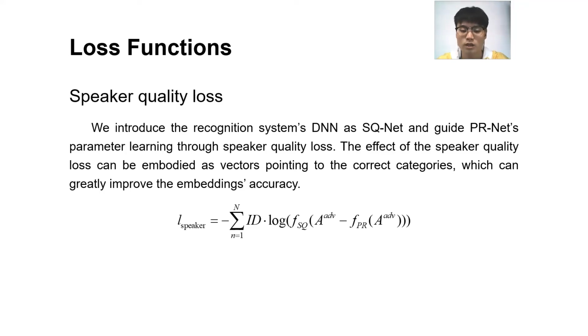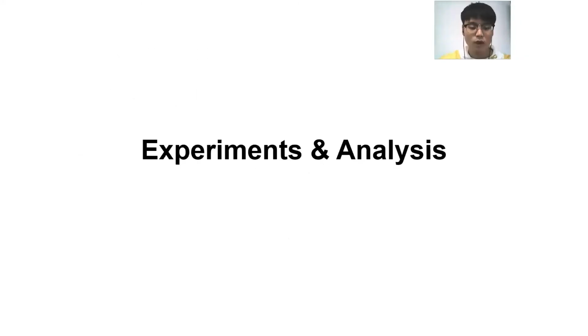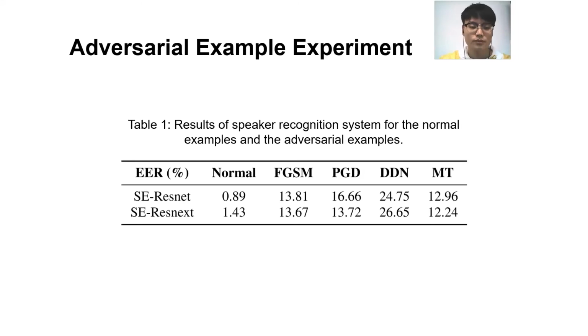We tested the feasibility of our ASNet on the VCTK corpus to ensure the robustness of experimental results. We adopted two speaker recognition baselines and four types of attacks. In Table 1, the ERs of SeriesNet and SeriesNext on the different settings were evaluated.